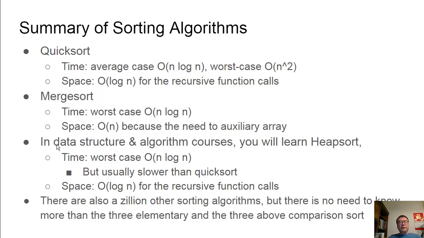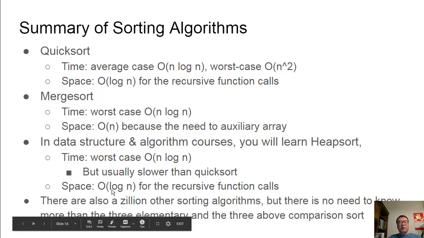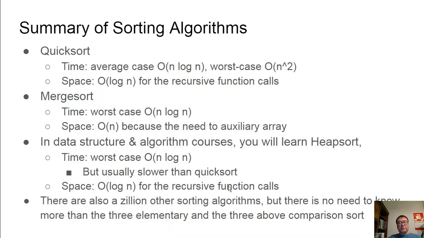If you take a data structures and algorithms course later, you will most likely learn heap sort. The benefit of heap sort is that it does not require a linear amount of extra space. It's also a recursive algorithm, so it's only log n extra space for sorting, and the time is worst case n log n.